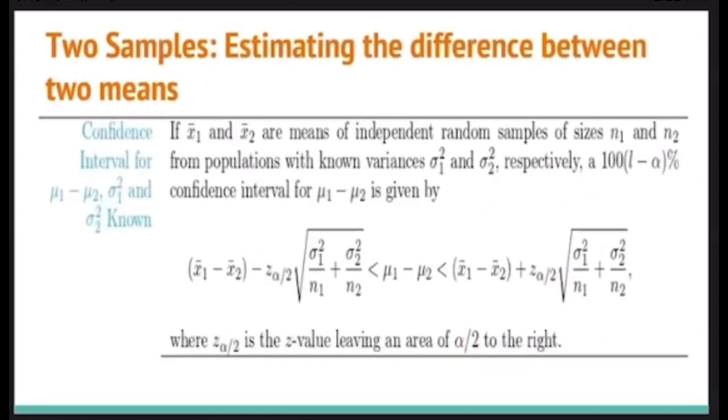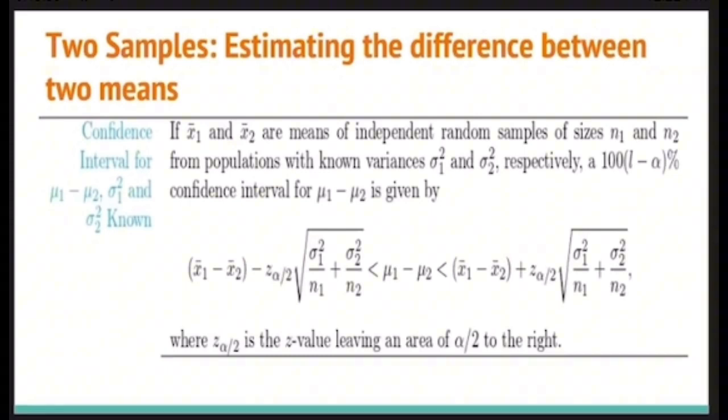Now I need you to pay attention. The moment you understand what we did last week, this is just going to be an extension. If you know how to construct a confidence interval for mean in one population, we're actually going to extend that idea to two populations.